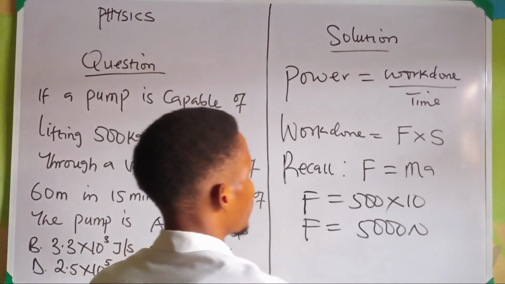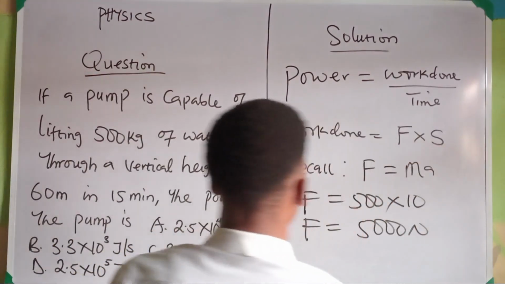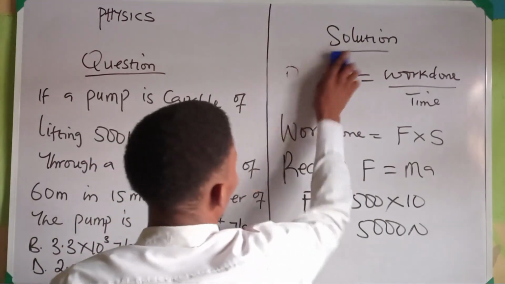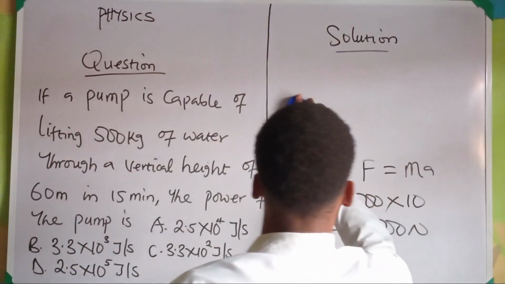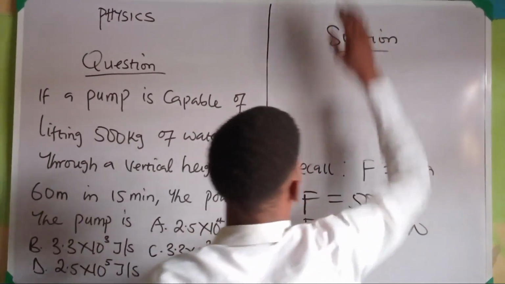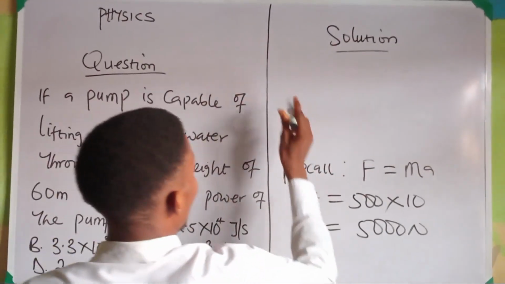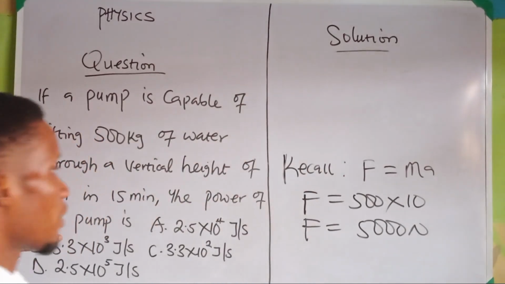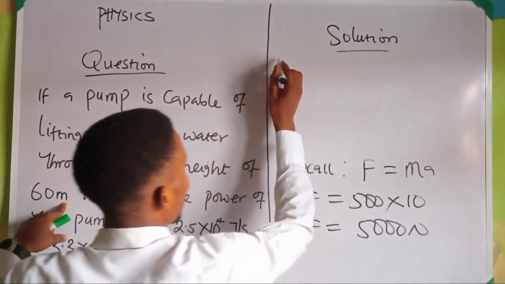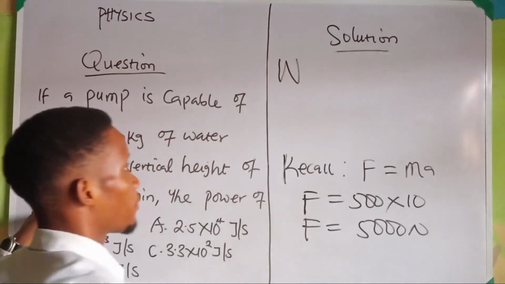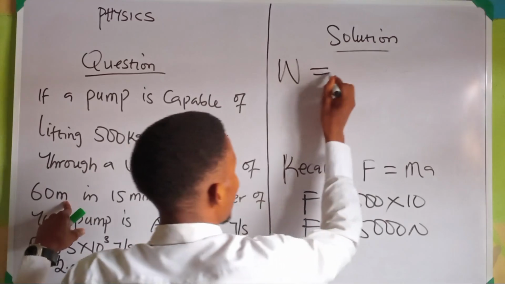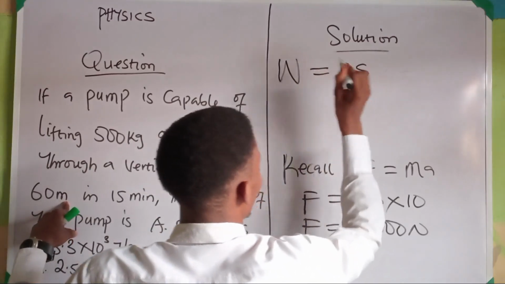So remember that we are given our distance here. Our distance was given to be 60 meters. And we know that work done, represented with capital W, is given as force times what? Distance.